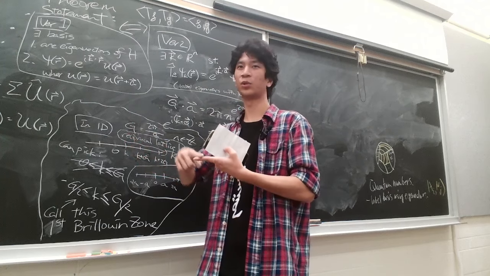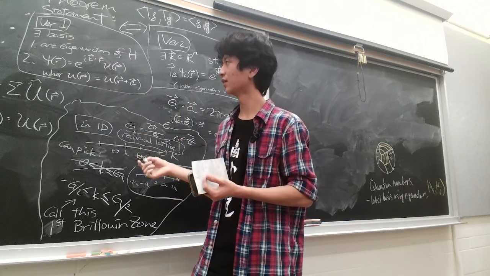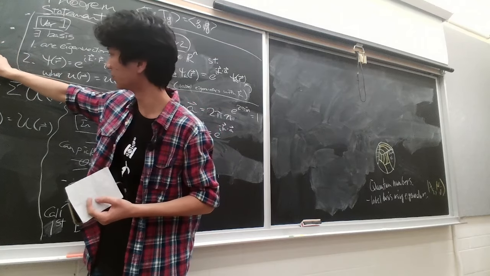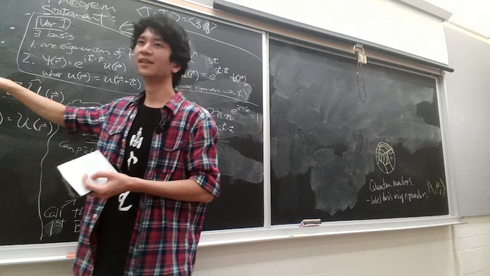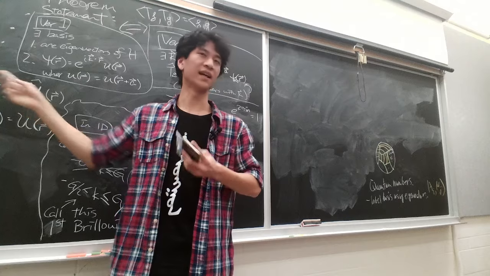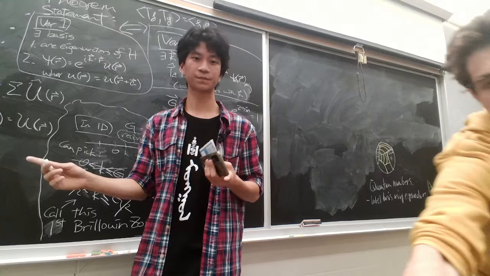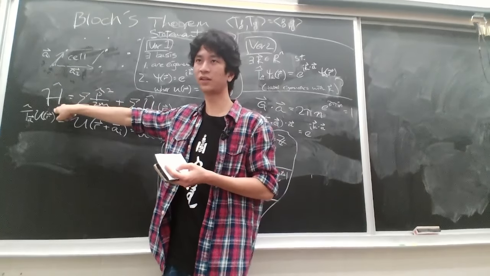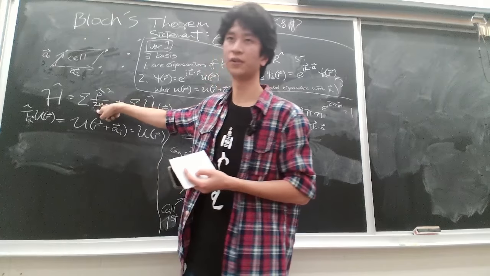It can't go to infinity. Usually you have H equals some p squared over 2m, and as momentum grows, energy will grow indefinitely. So technically you can have infinite energy if you have infinite momentum.